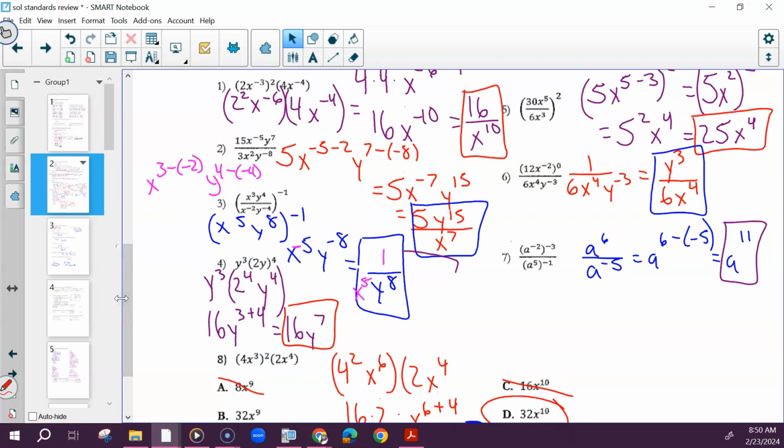And number 8 was D. Once you have those all written down, go on to the next page. Once we go through all the answers, I'll show you how to do these in Desmos.